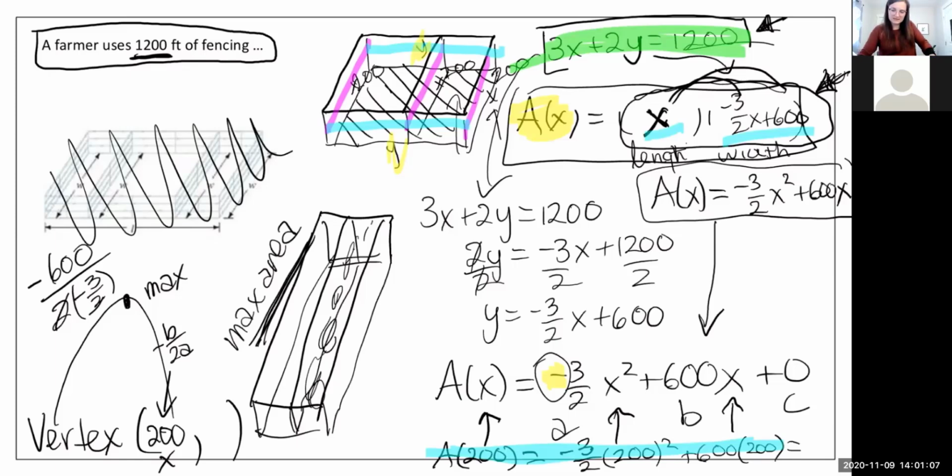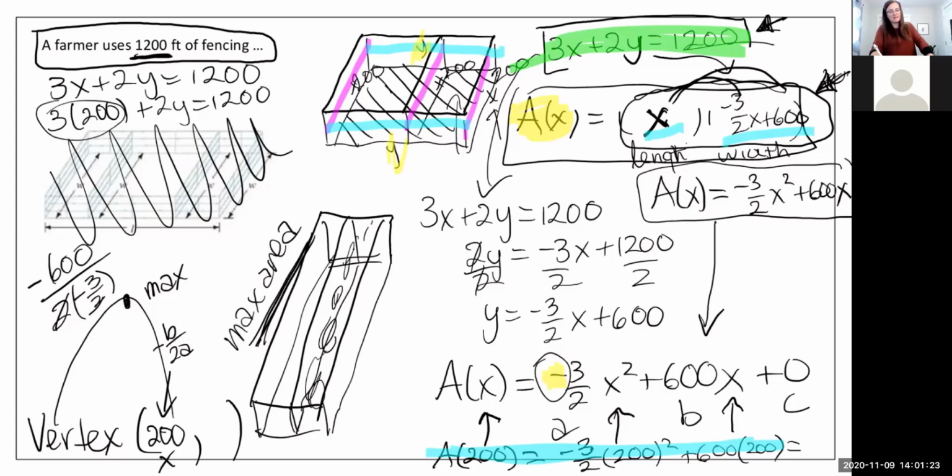So let's just see. 3x plus 2y is 1200. So if the vertex of maximum is 200 for x, then you'll have to do all this. That's the 600 minus that, so 2y is 600 because you've subtracted it. So that's where you get 300. So the vertex, you have to be careful here. The vertex itself is not 200 comma 300.